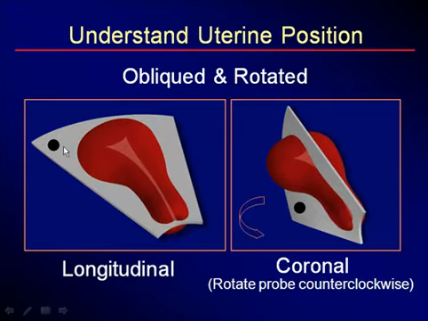And that's its longitudinal axis, but to get its coronal axis, we have to keep rotating the probe counterclockwise 90 degrees, which ends up way down there, in order to get our coronal view of the uterus. It would be very hard to understand this if you didn't think of how your beam is positioned, how the cervix helps you and leads you into the center portion of the uterus.